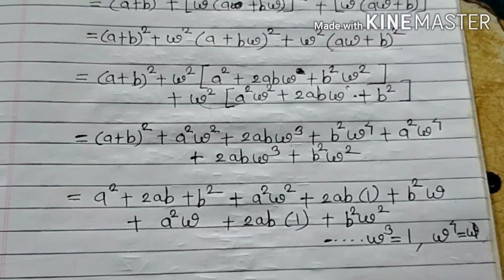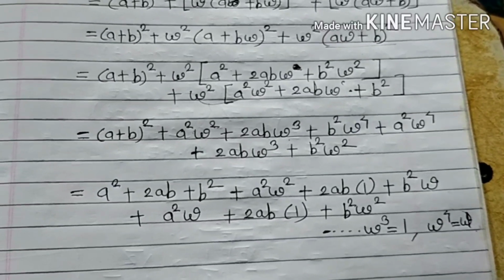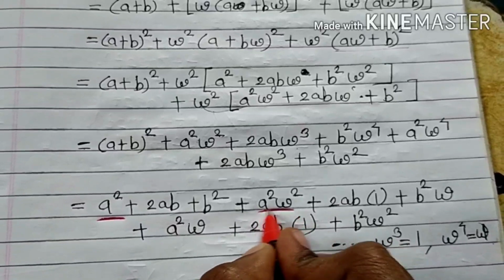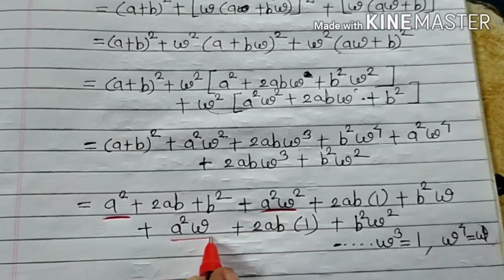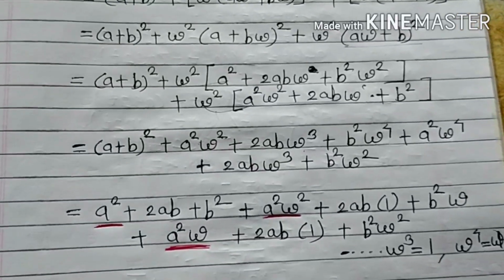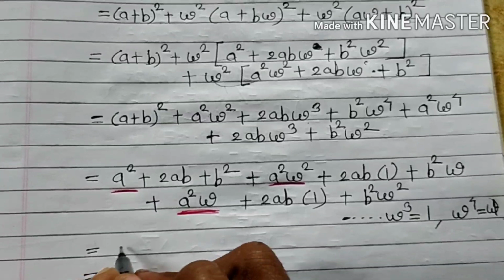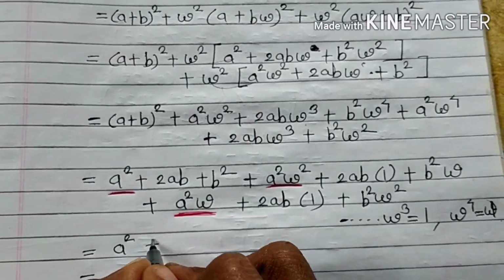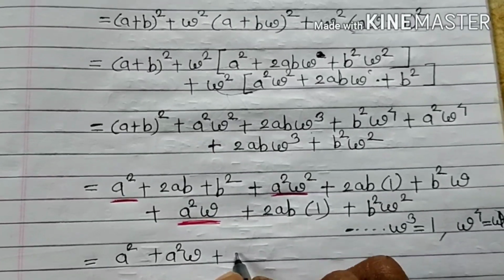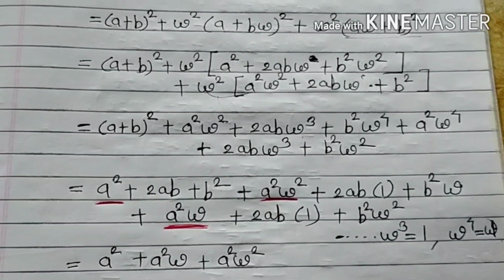Now take a square terms in one bracket and b square terms in one bracket. So this a square, this a square, okay. So take this term first: a square plus a square omega plus a square omega square. This is the terms.